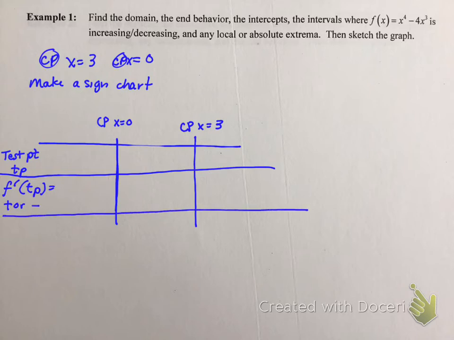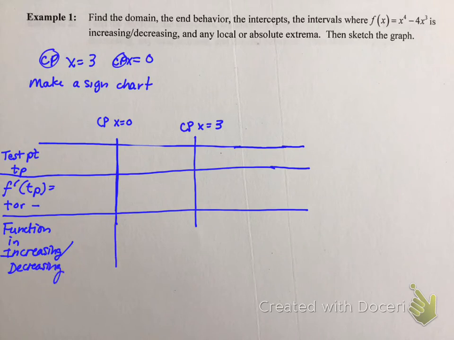And then my next row is whether the function is increasing or decreasing. Okay, so this is what my chart looks like.